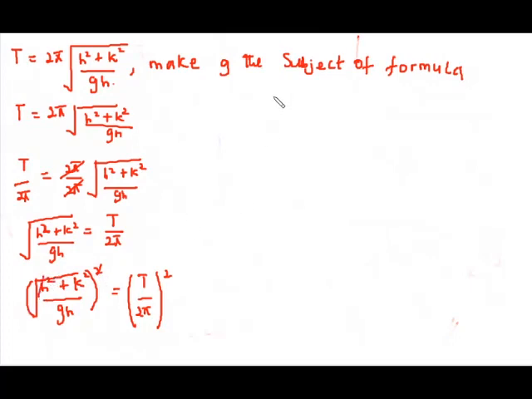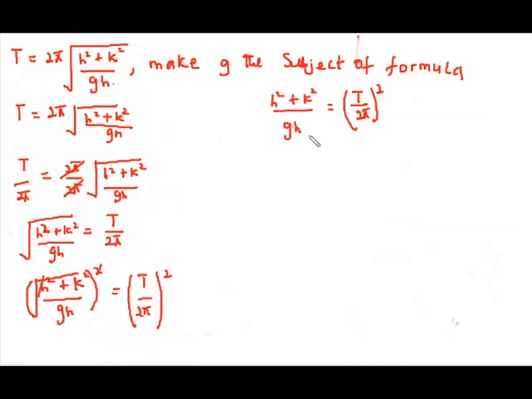So you have h squared plus k squared over gh, which is ultimately equal to T over 2 pi, squared.